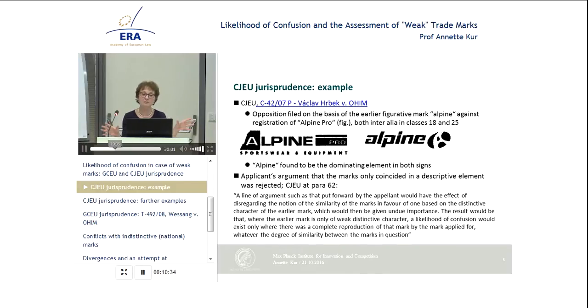Then the two marks, figurative marks, one is Alpine Pro, with the Pro appearing rather small in the actual display of the mark, and the other one Alpine, both figurative marks that have as their dominating element the word Alpine. Now, Alpine arguably is descriptive or near descriptive for the products for which the marks were to be used, because they referred to the region where these goods are usually used, worn.